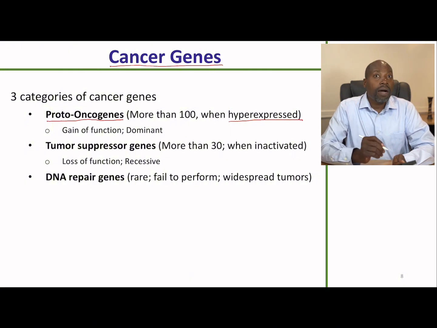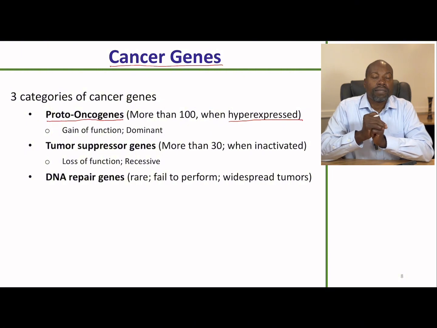Okay, there are more than 100 genes that have been identified to be proto-oncogenes. So remember that proto-oncogenes are normal genes in the body, right? They are involved in stimulating cell division. However, what happens with these proto-oncogenes is that they overdo their job.